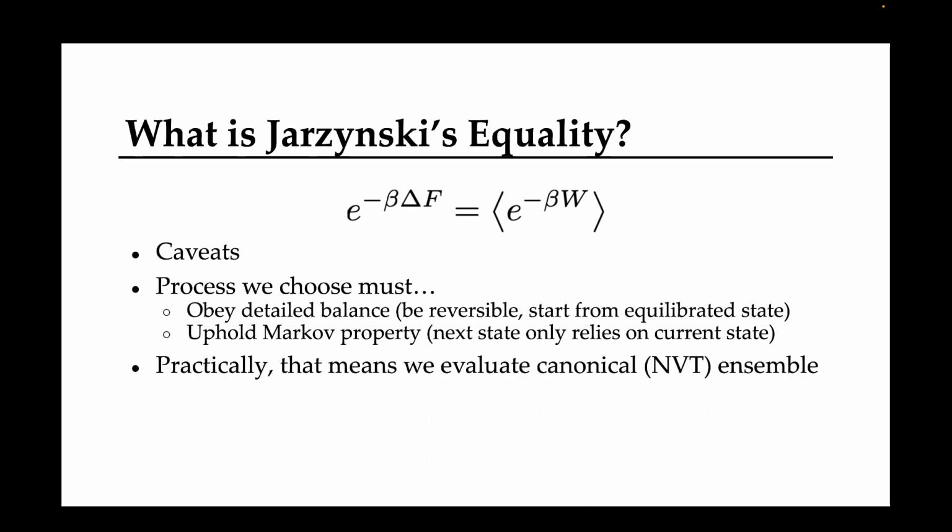And so practically, that means that we use Jarzynski's equality in the context of the canonical NVT ensemble. And for us, that means we're going to have to use a Langevin integrator and then also an equilibration period to begin our simulation so that we make sure that we're starting from an equilibrated state.